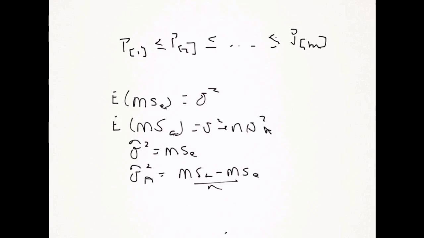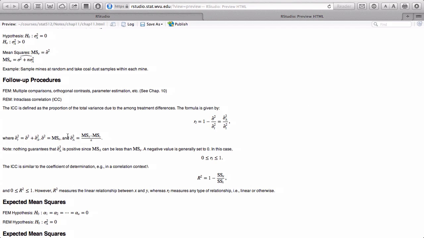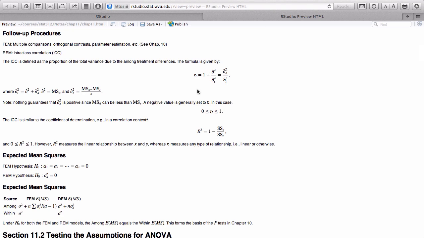At any rate, by the way, this could also be written as 1 minus sigma hat squared over sigma hat squared sub T. And that's almost exactly the way we wrote the coefficient of determination when we did regression.